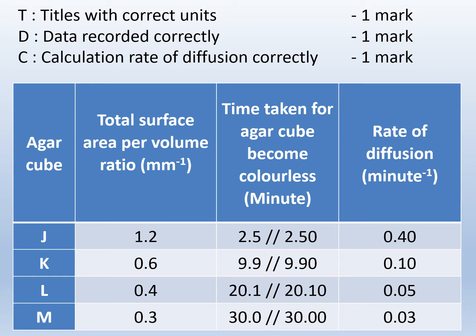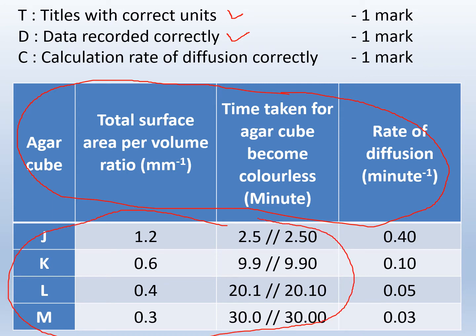Okay, title with correct unit, 1 mark. The title must be written with the unit. Data recorded correctly, 1 mark. Transfer of data must be correct. If you write 1 decimal point, you must hold 1 decimal point.